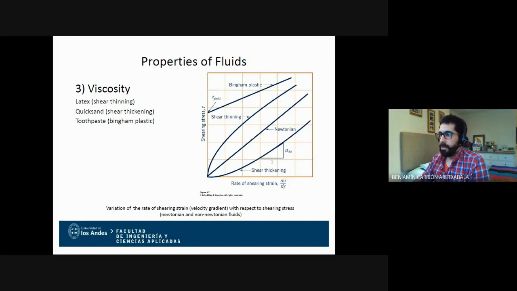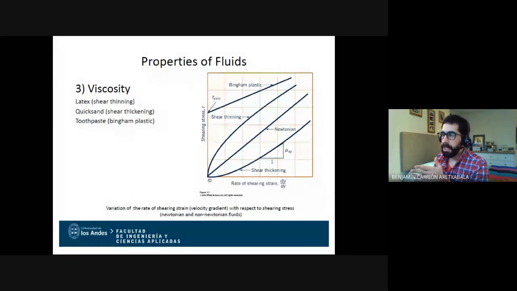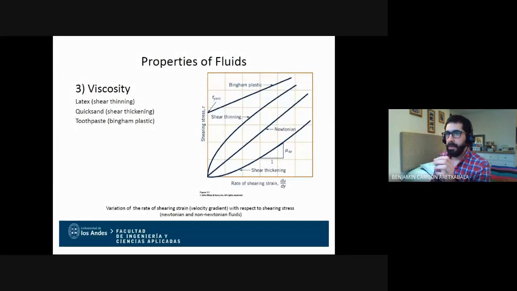Like I was saying, the toothpaste shows a Bingham plastic behavior, in which you need a minimum shear stress for the fluid to start moving. Probably all of us have seen an older toothpaste that you let dry and it's all dirty, and you really need to squeeze it for the paste to start flowing.